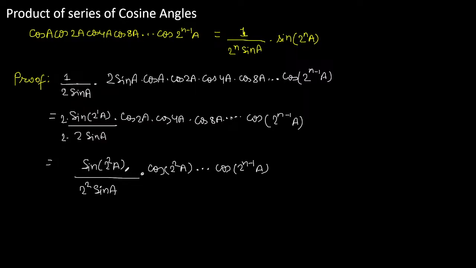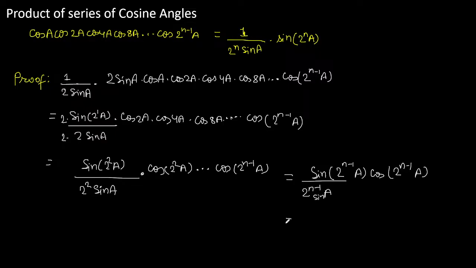So we are going to realize that if it is 2, we are working with 2. If it is 2 to the power n minus 1 into A, into sin A, we will be working with sin 2 to the power n minus 1 into A, cos 2 to the power n minus 1 into A. If it was 2 square, we were working on 2 square.